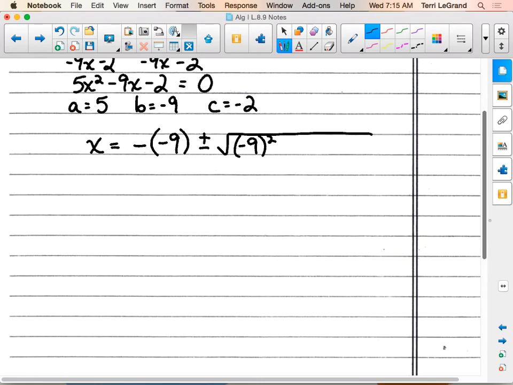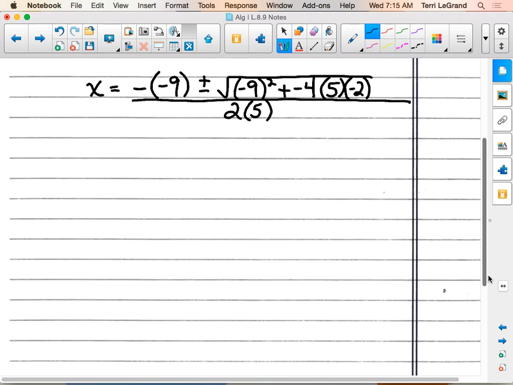That's going to get squared. Plus we have our negative 4, that's always there, times our a value, which is 5, times our c value, which is negative 2. All of that is the numerator, divided by our denominator, 2 times our a value, 2 times 5.